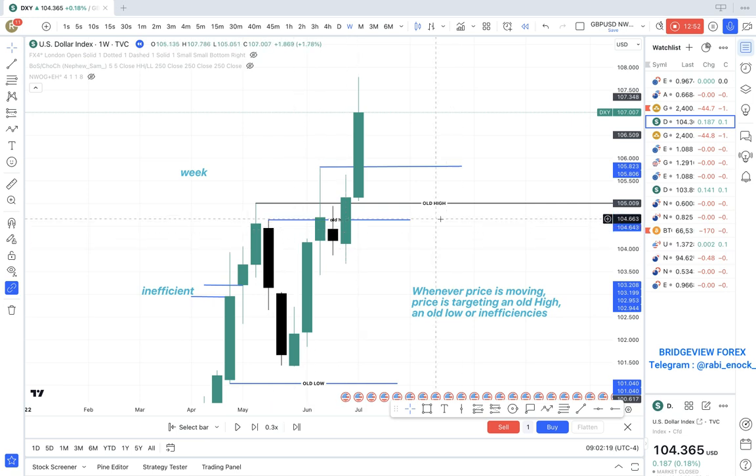Here is a high. Here is a high. Price has to take liquidity above these things. But these things were programmed by human beings.